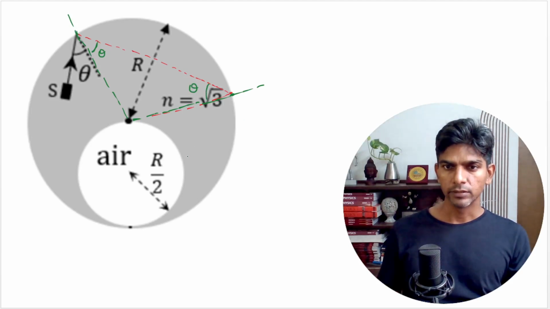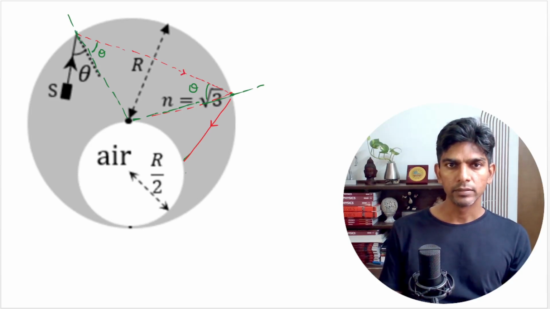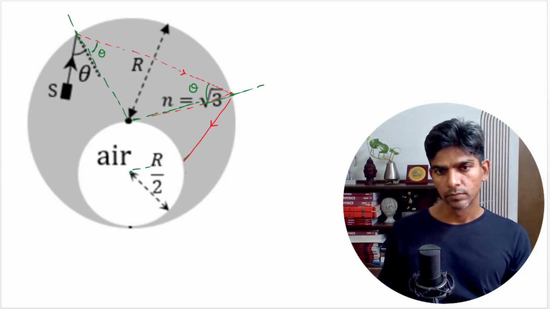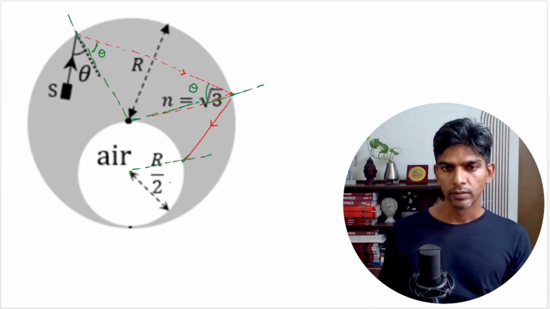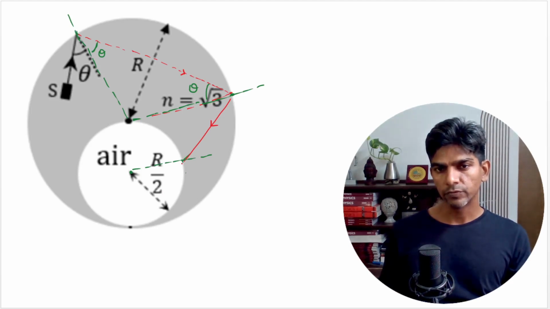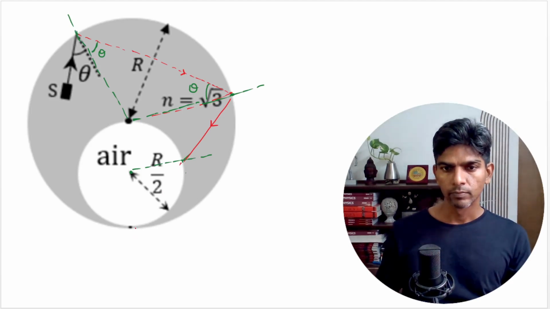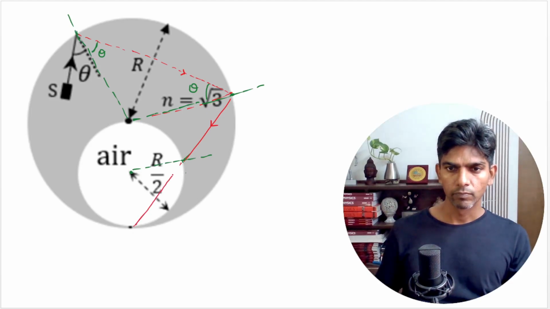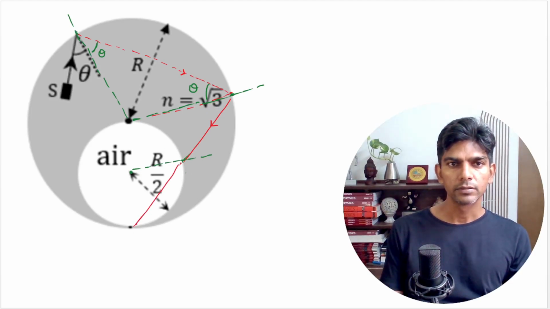And after that it undergoes something like, so this is the reflected ray, and this is the normal, and then this ray will move, so it will bend away from the normal, right? Okay, let me redraw this.